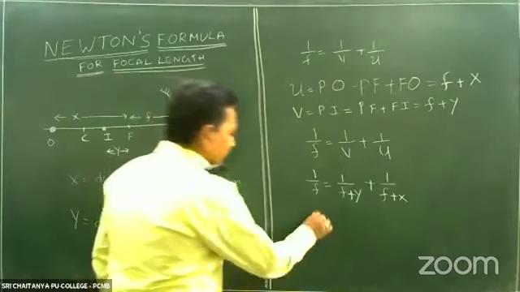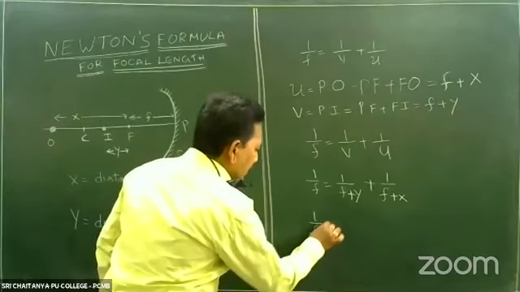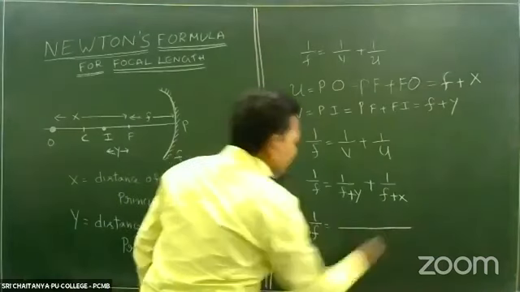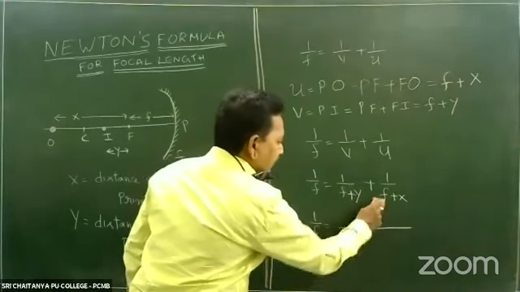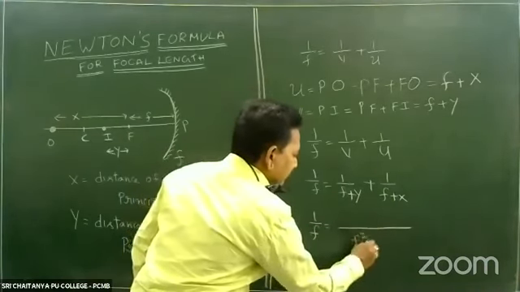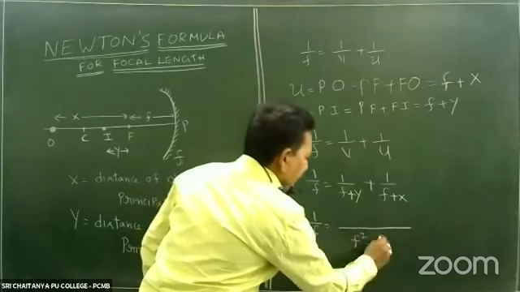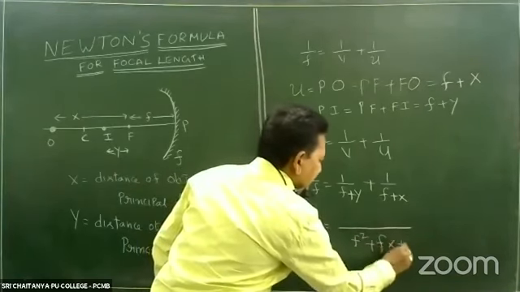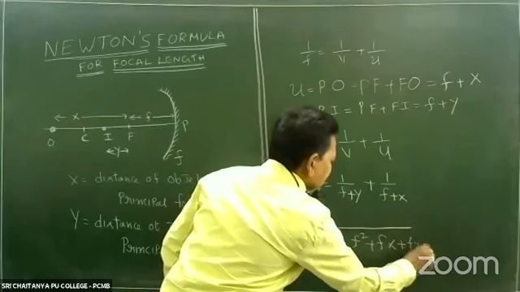Taking the LCM, 1 by f is equal to the numerator (f plus x) plus (f plus y) over (f plus x)(f plus y), which is f square plus fx plus fy plus xy.